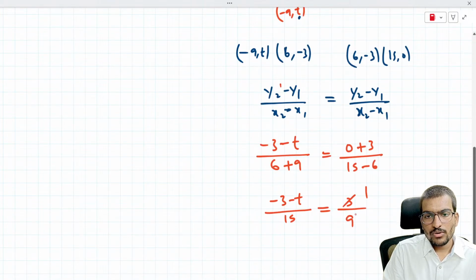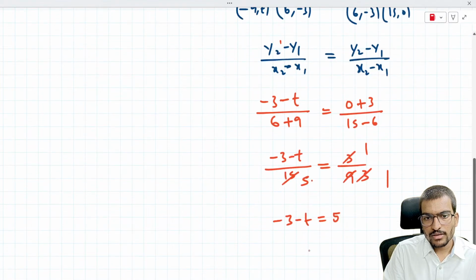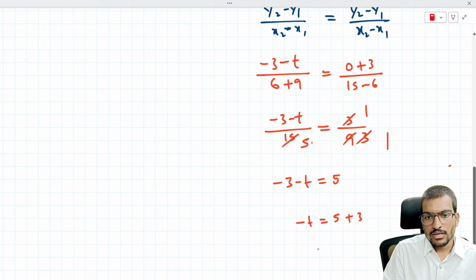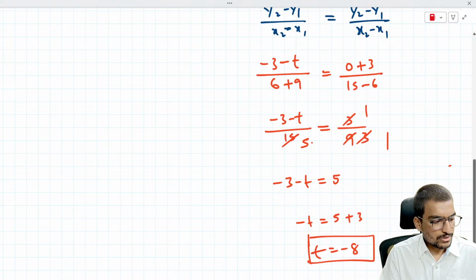Simplifying, 3 ones, 3 threes, and 3 fives: negative 3 plus t over 15 equals 1 by 3, so it's 5 on the right-hand side. So negative 3 plus t equals 5, and t equals 5 plus 3, so t equals 8. Let me know if this is clear.